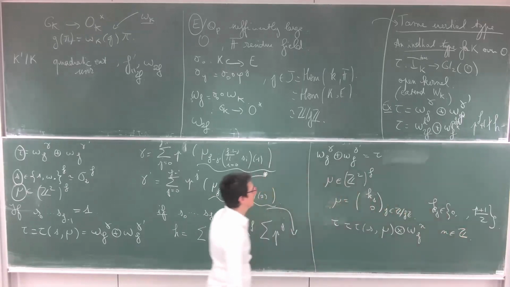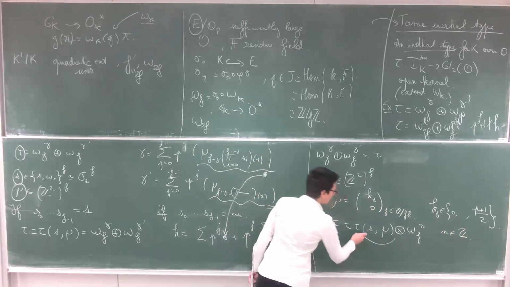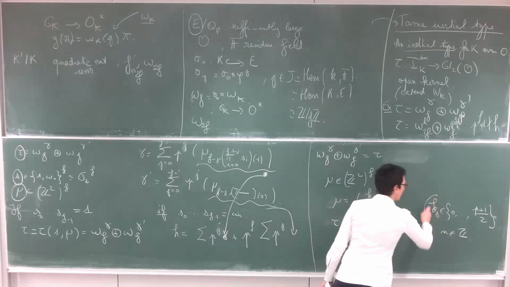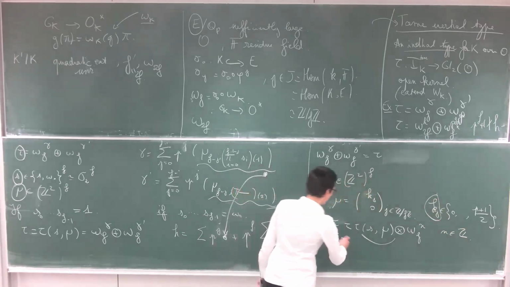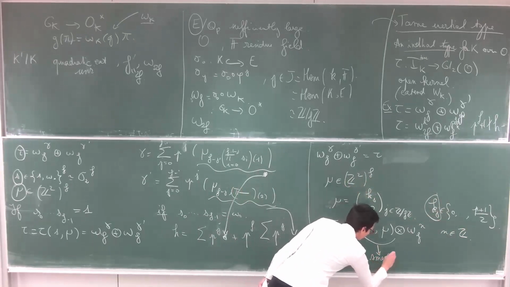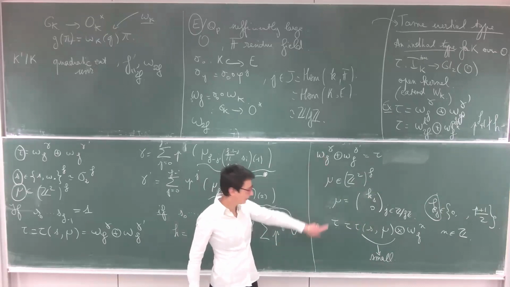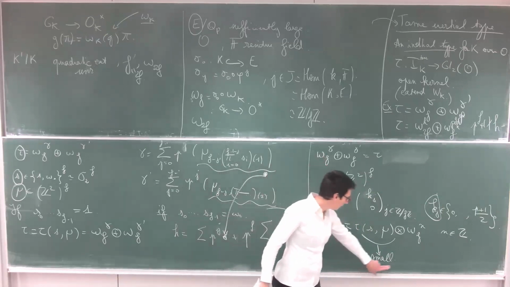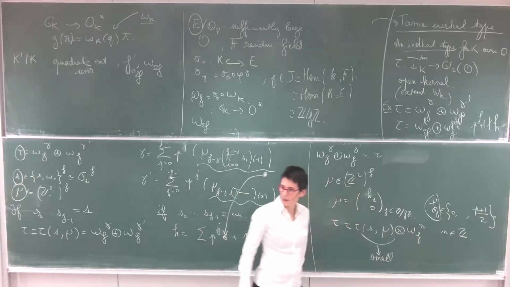Okay. So when tau is of this form with a small family of k, we say that this is called small. But what I say is any inertia type can be written as a product of a small inertia type and some power of omega.